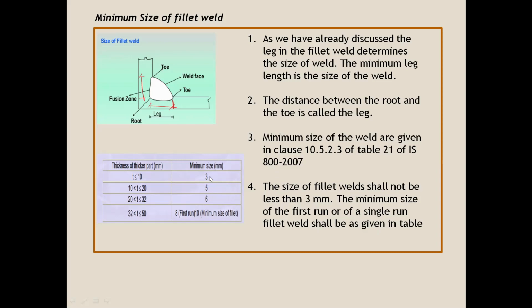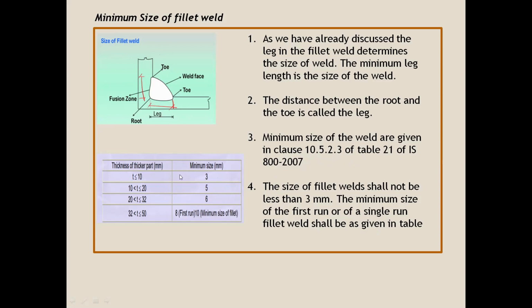This is the table for minimum size that you have to maintain to connect two plates using a fillet weld. See table 21 of Indian Standard 800:2007.